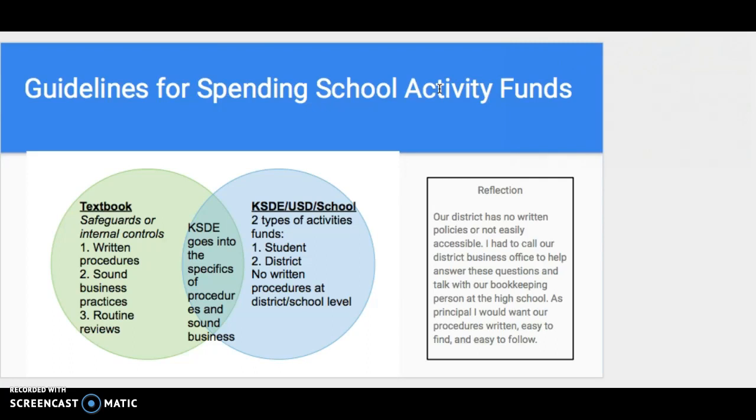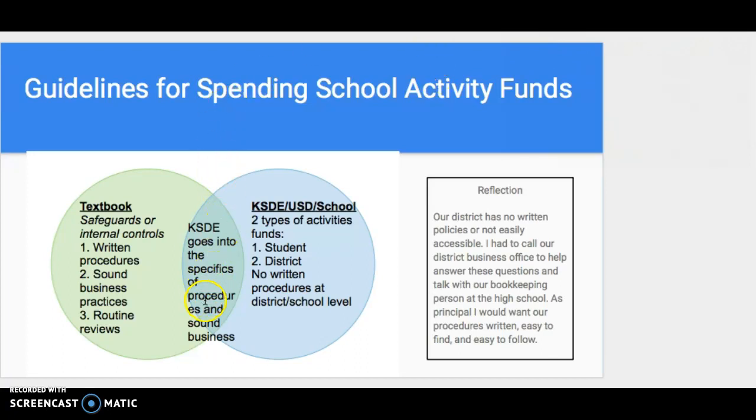The state broke school activity funds down into student and district funds. Student funds would be the student-led things, and district funds would be money the district had control of.